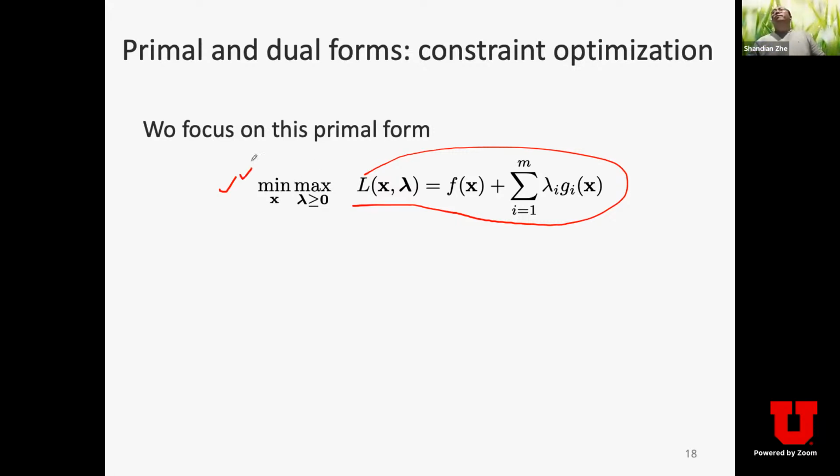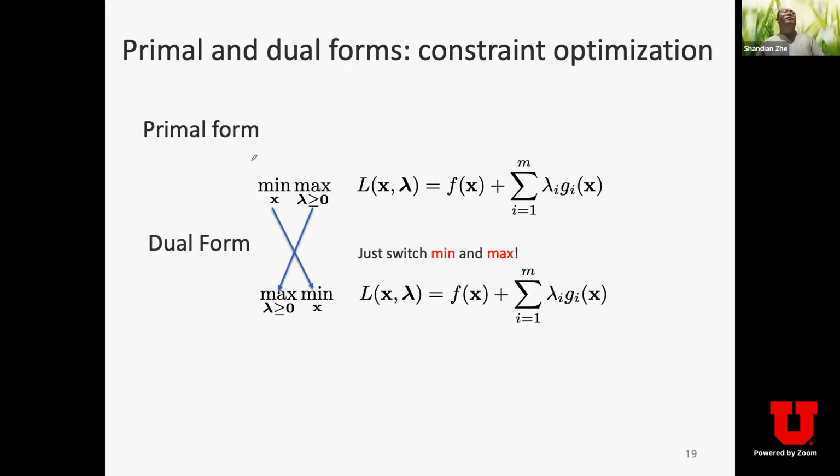Okay, so we have the primal form. That means we have a dual form. The dual form is just switching the max and min. If you optimize the same Lagrange function, but at the inner level you minimize L with respect to x, and then at the outer level you maximize L with respect to non-negative lambda, then this is called the dual form.